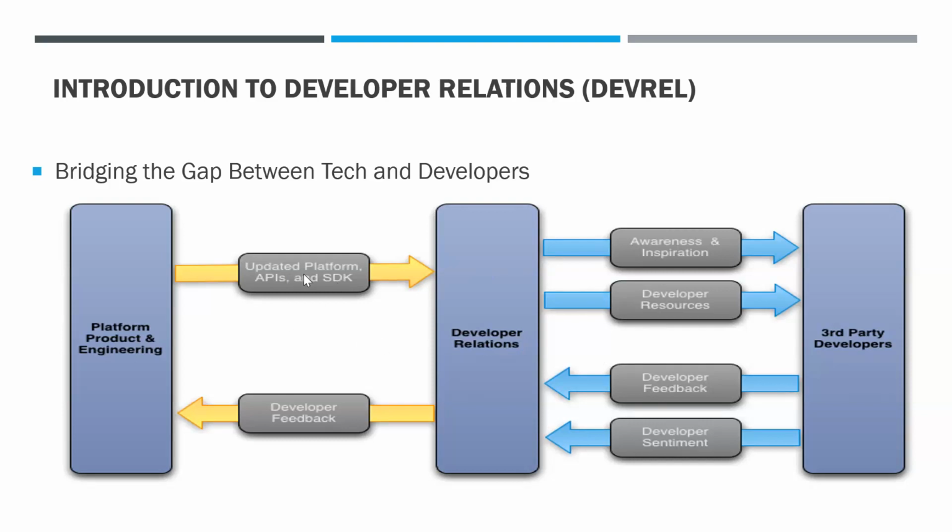And also, if there's an update of a product that was developed by a company, they relay it back to developers through blog posts, through social media or websites, or even Twitter. That's why it's very important as a developer relation engineer to know where your audience hangs out, like which platform they use predominantly. So that's very, very important. Let's go to the next slide.